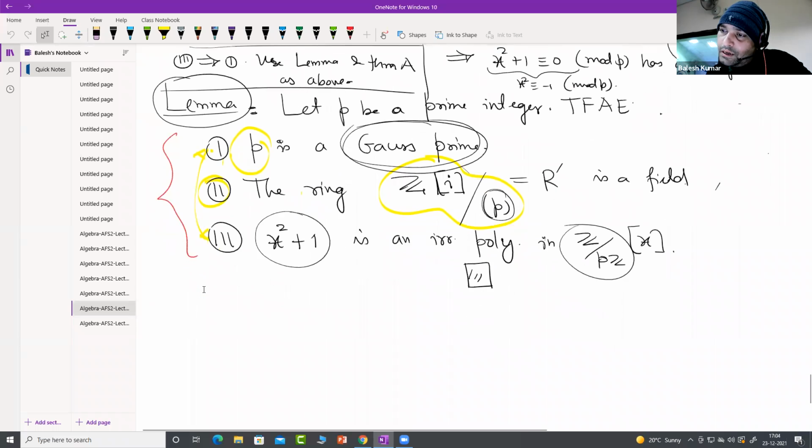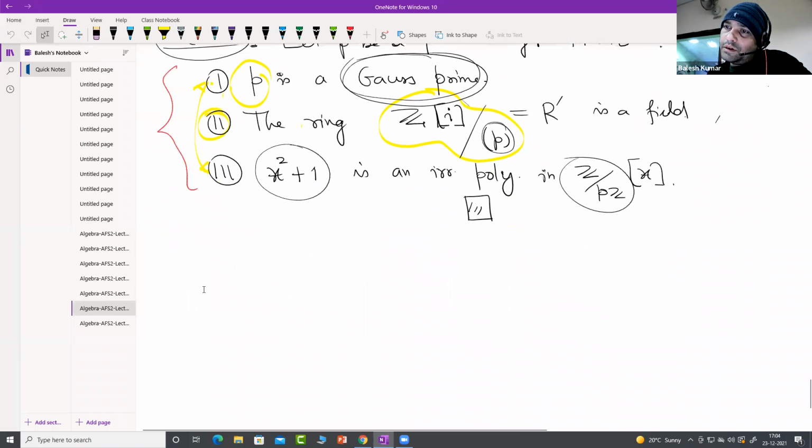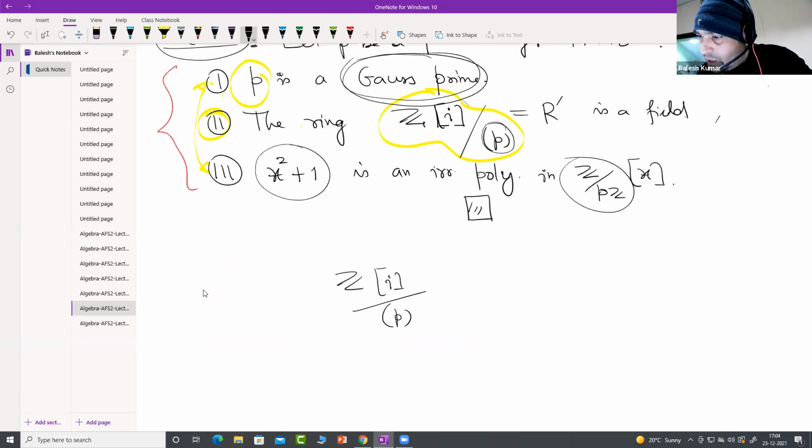From here, if I remember one thing from the previous lecture, we had a question whether Z[i] by p, which is isomorphic to Z mod pZ of i, is a field.